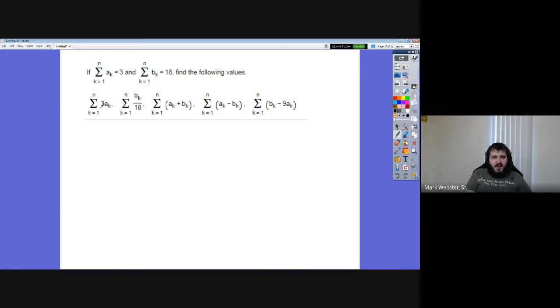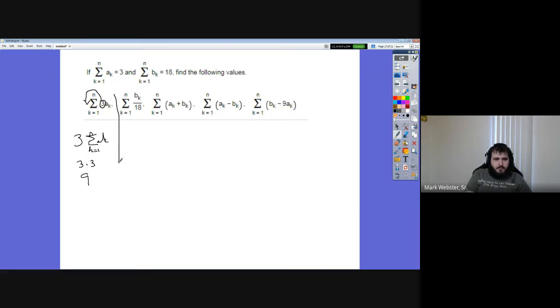If there's a coefficient out front like this, you can always factor it outside the sum. So this is really 3 times the sum from k equals 1 to n of a sub k. Well, we know what that is already. That's 3. So this is really 3 times 3, which is 9.